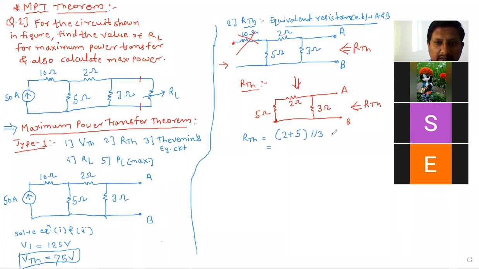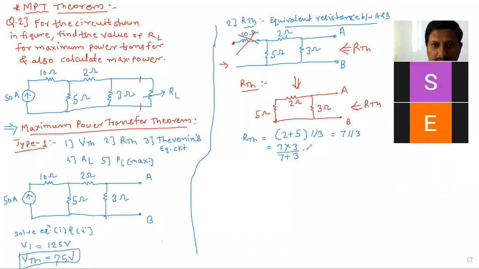So 7 is in parallel with 3. So you can find out 7 into 3 divided by 7 plus 3. 21 divided by 10. So RTH is equal to 2.1 ohm.